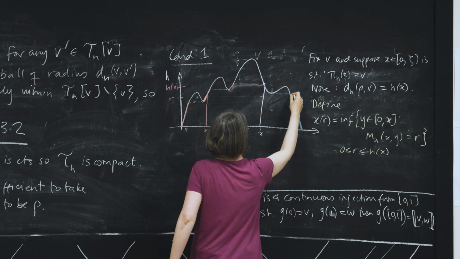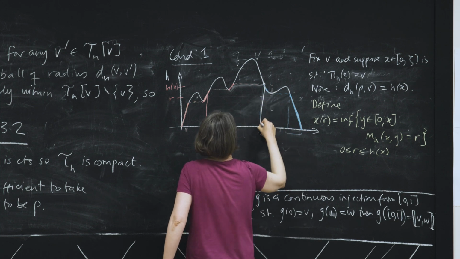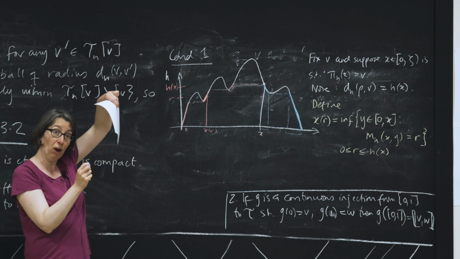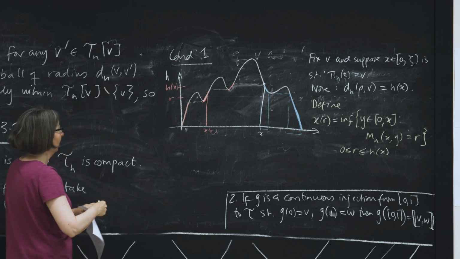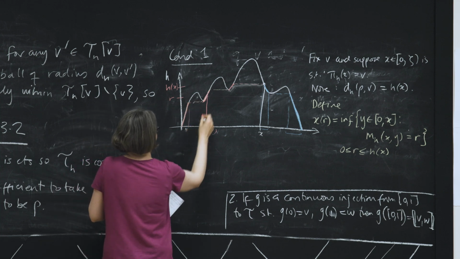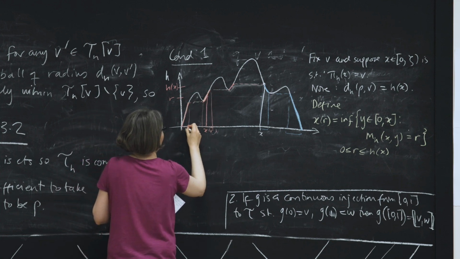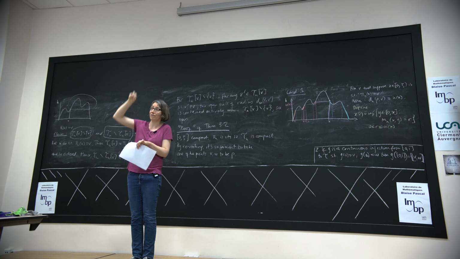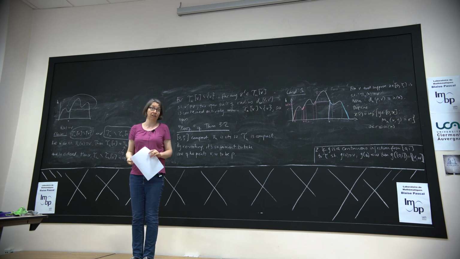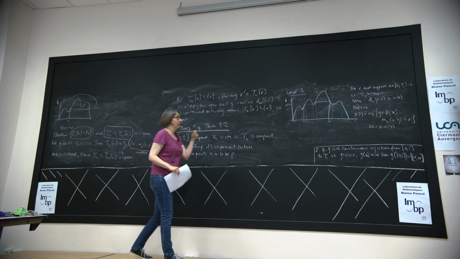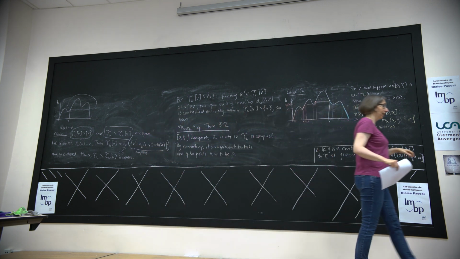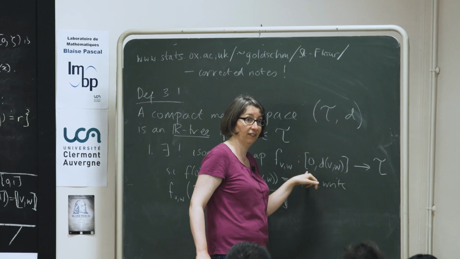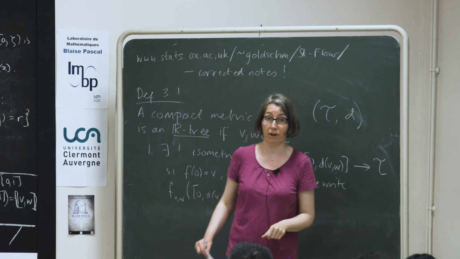If I take this bit and this bit, that's going to project onto the tree to give me the path between the root and my vertex V. But it's also the case that if I take this chunk and this chunk and this chunk, that projects onto the path, this set of ancestors of the vertex V. So my claim is that if you write this down properly, that gives you precisely this isometry from an interval of length d rho v into my tree.